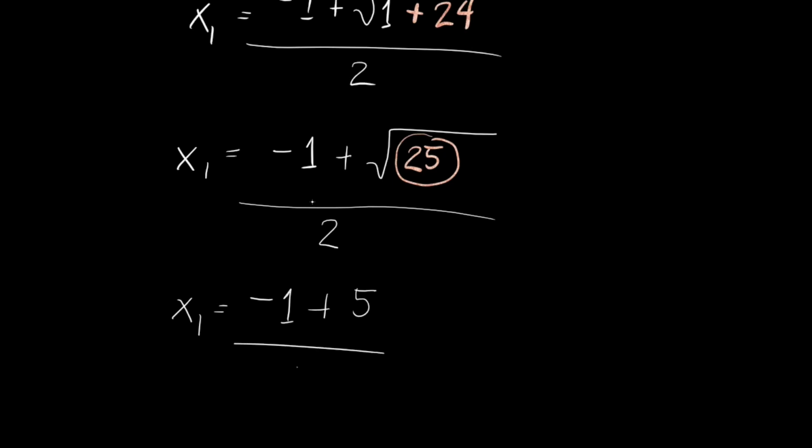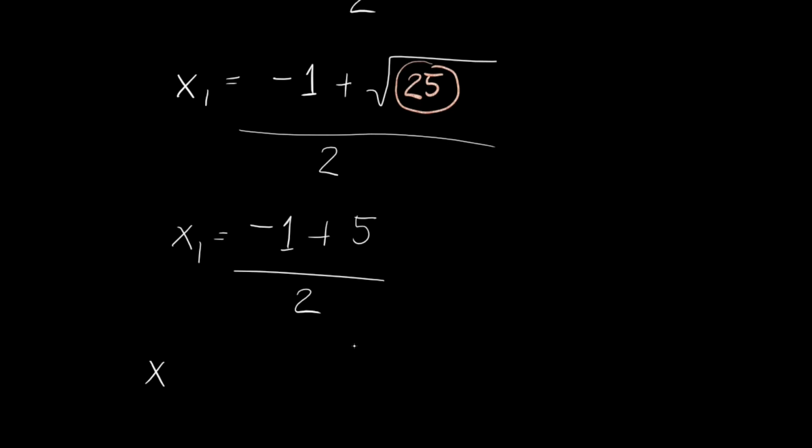Okay? All over 2. So, x sub 1 is equal to negative 1 plus 5, and that will be 4 over 2. So, x sub 1 is equal to 2. So, this is your first value of x.